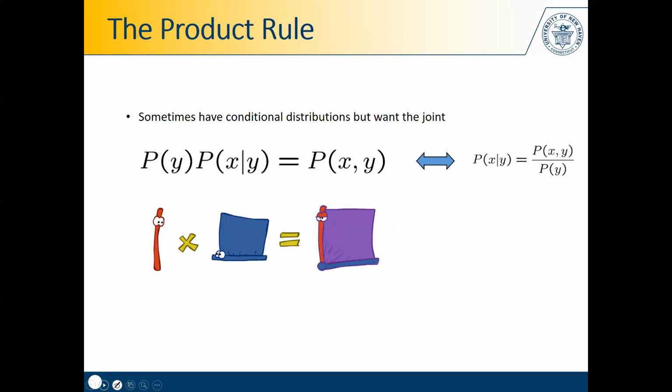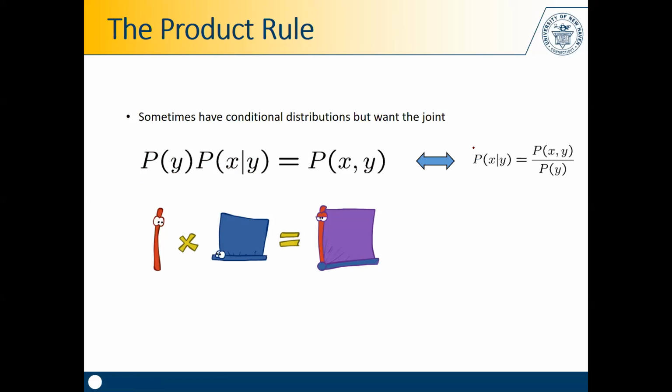Sometimes we have the conditional distributions, but we want to have the joint distribution. Sometimes we have P of X given Y, but what we are interested in is the joint distribution P of X and Y. We can solve this very simply using the product rule. The product rule is as simple as this. The joint probability of X and Y is the probability of Y multiplied by the probability of X conditioned by Y. How do we know this?